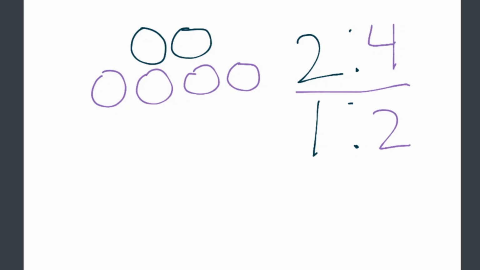Alright, so now let's say we had 2 blueberries and 4 grapes. For this, the ratio of blueberries to grapes would be 2 to 4, or it can be 1 to 2, because this can be simplified. So basically for every 1 blueberry, we have 2 grapes.